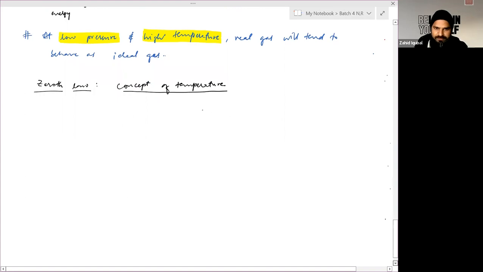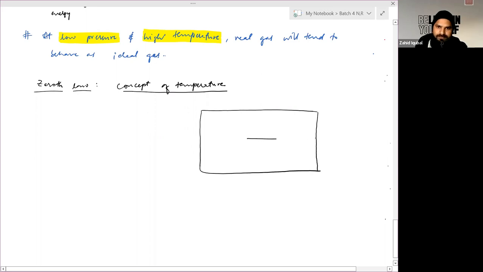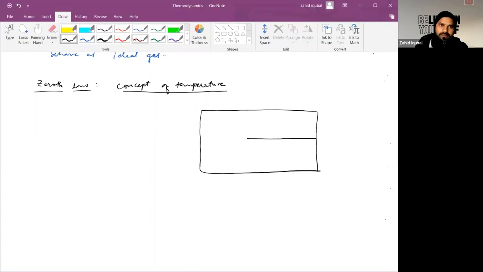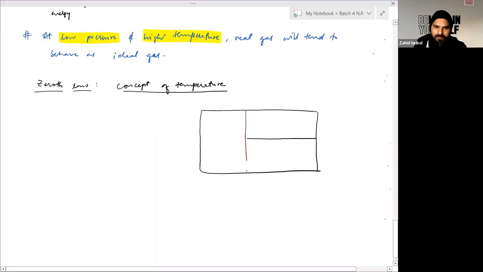Suppose you have a system. This wall is adiabatic, which restricts any exchange of heat through it.